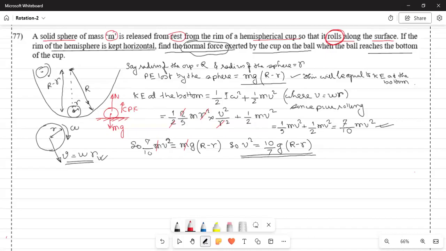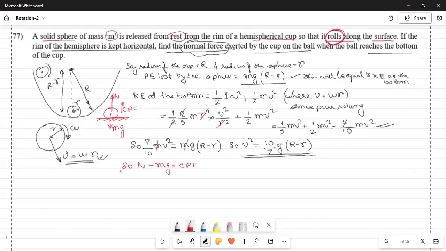From here, we get that N minus mg is equal to the centripetal force. And the centripetal force we know is m v square by r.